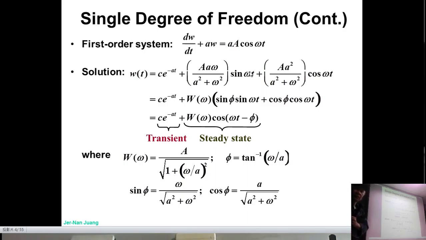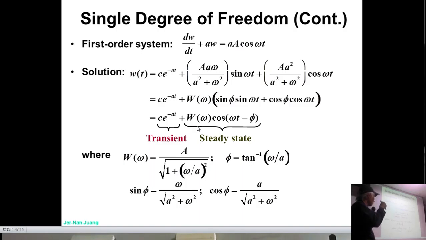Okay. Now, let us look at that term carefully, because this is the way we like to quantify later on when we design a controller for your system. You look at the phase, we go phi.